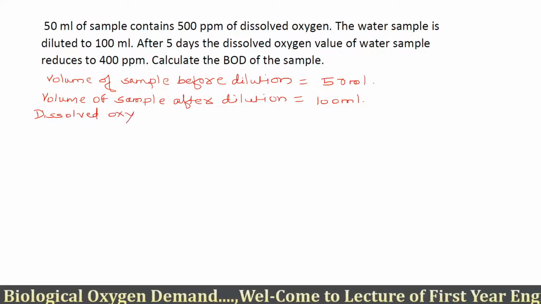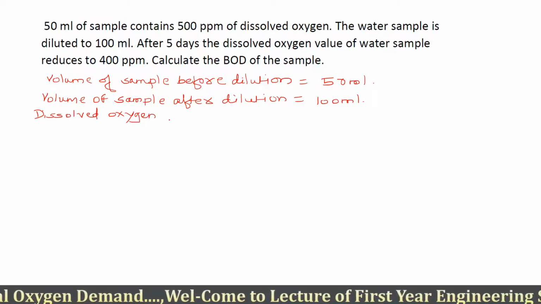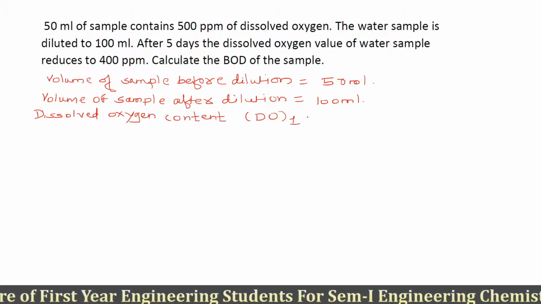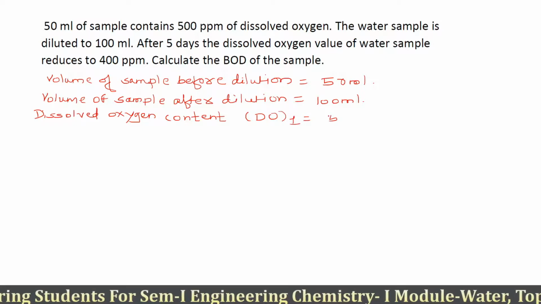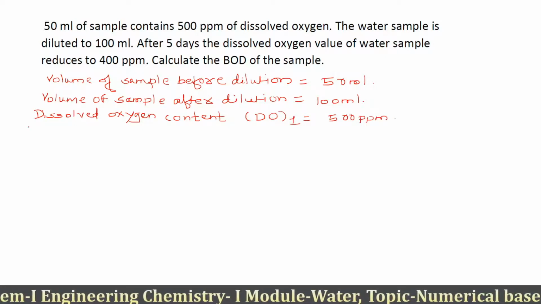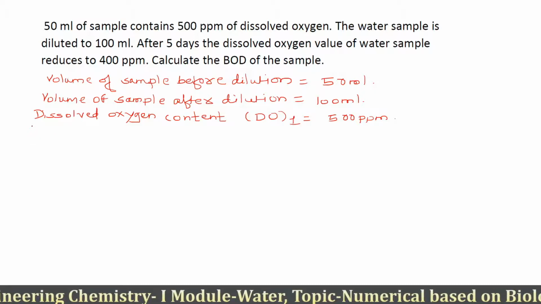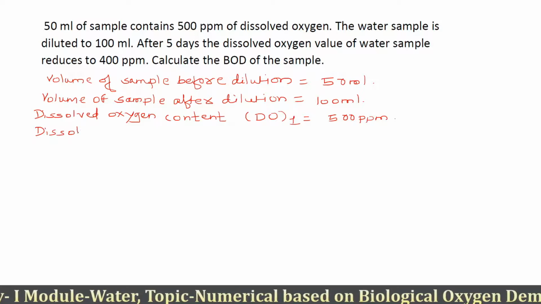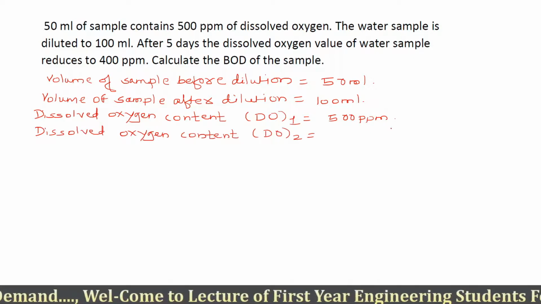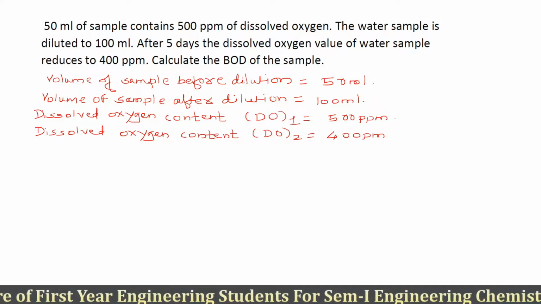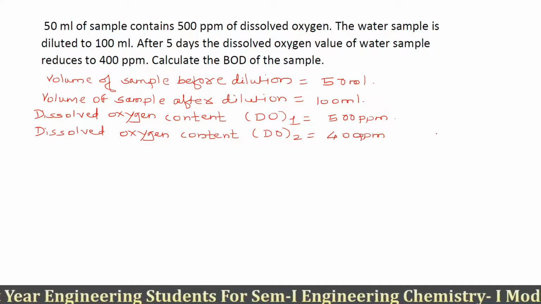Dissolved oxygen content DO1 is given as 500 parts per million. And next, dissolved oxygen content DO2 becomes 400 parts per million.